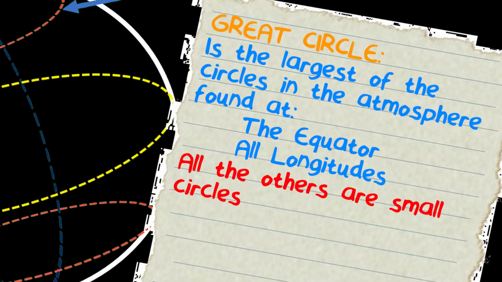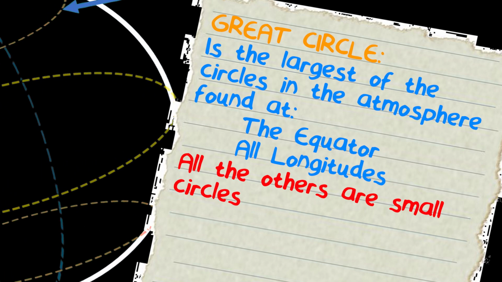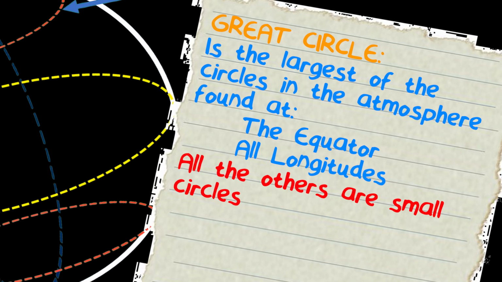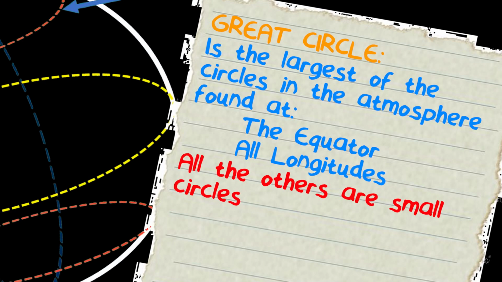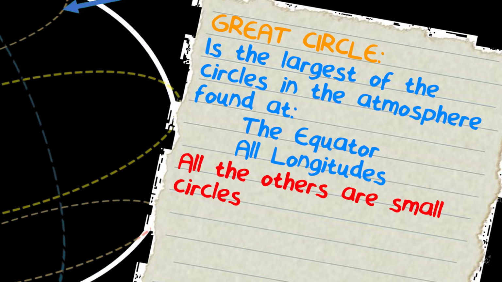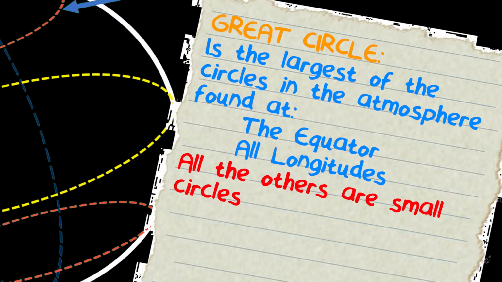But one important thing to note is that great circles are formed along all the longitudes, because all longitudes cut our globe into two equal halves, and at the equator, because it is the centermost latitude that cuts our globe into two equal halves. But at all other latitudes, the circles that are formed are referred to as small circles.